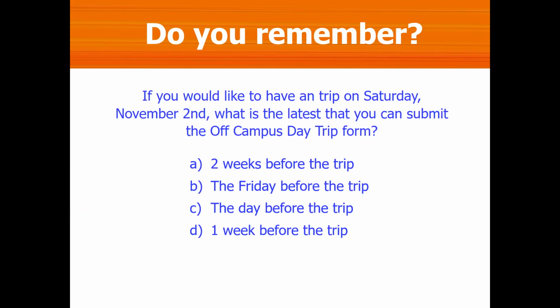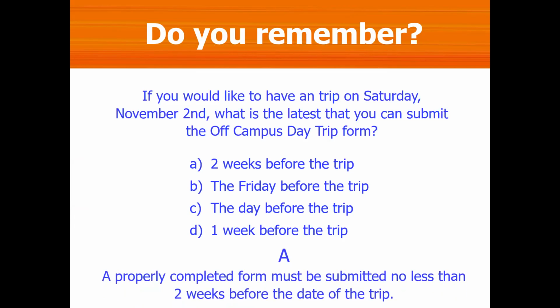C, the day before the trip? Or D, 1 week before the trip? The answer is A. A properly completed form must be submitted no less than 2 weeks before the date of the trip.